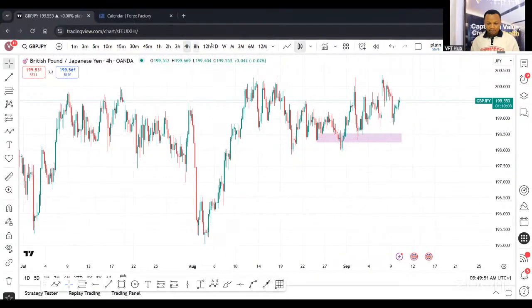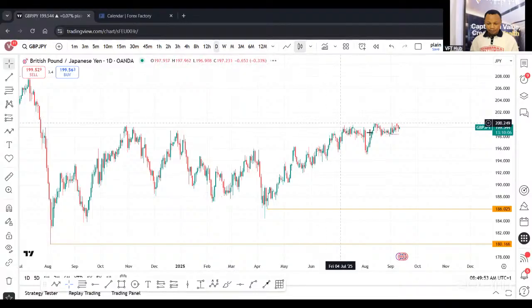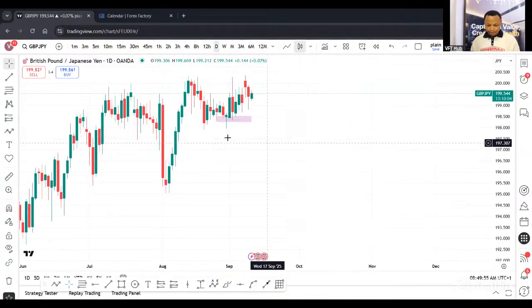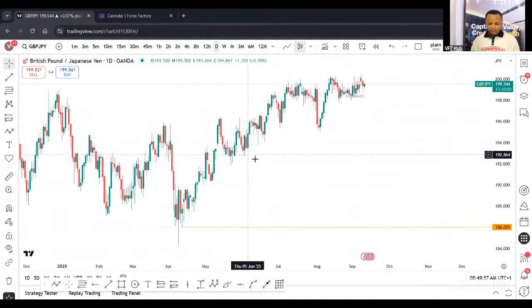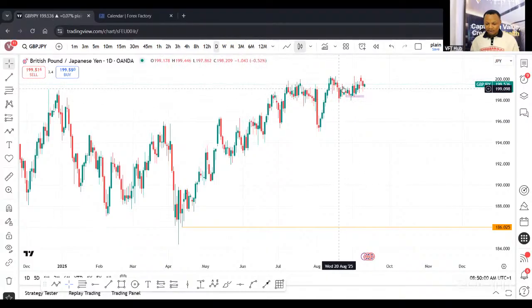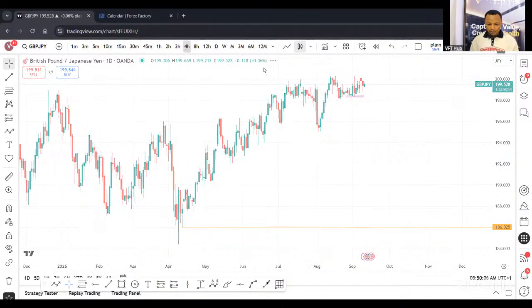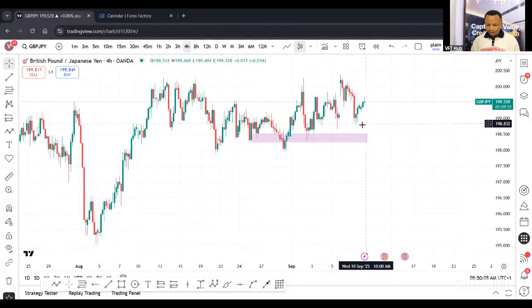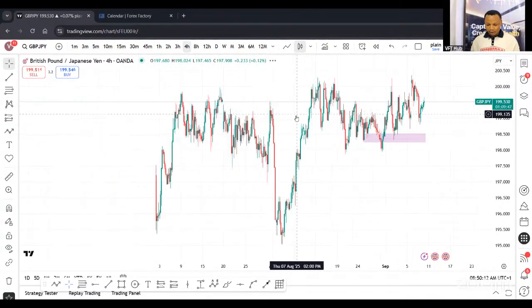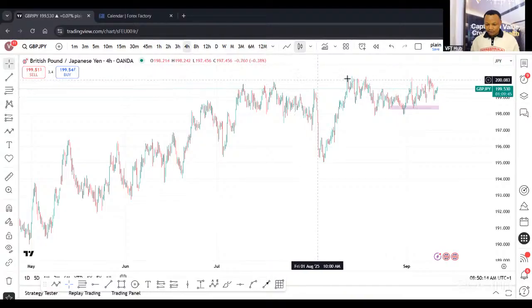Now, starting off with GBP JPY. If you look at GBP JPY closely, you would see that GBP JPY has been stuck in a very messy range for the past couple of days. It has sold, it has bought, it has sold, it has bought, all within this short range. So we're expecting GBP JPY to buy a little to the upside, but then overall, you can see how it is struggling around this resistance right here.